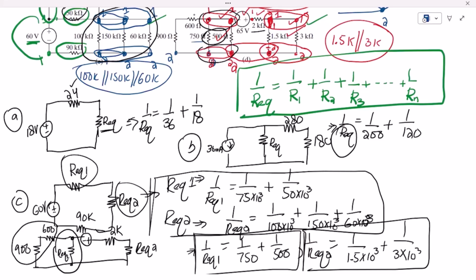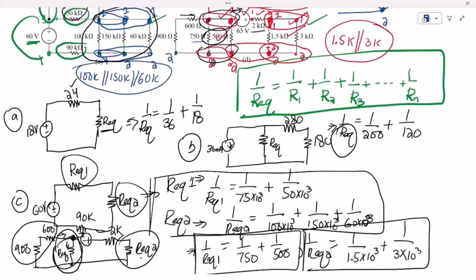Because once the current enters through this node, it will be divided in these two, and the other current will flow through it. Similarly, all the current will flow towards this node, the current will be divided here, and the remaining current will flow through it. So it will not affect whether we connect this R equivalent 2 here or the two resistors in parallel here, therefore I have connected it like this.